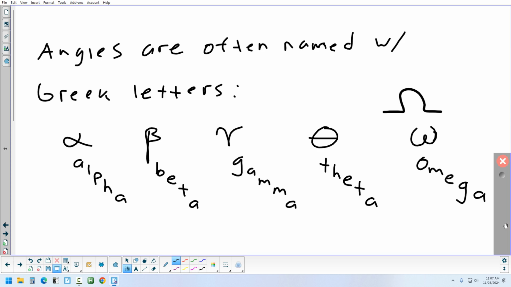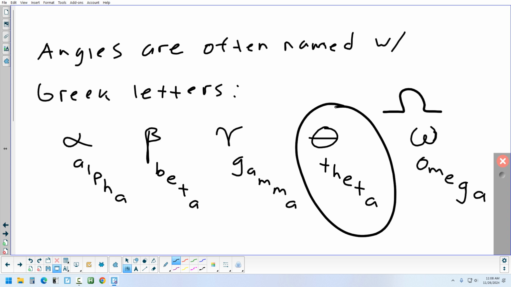I would say the most common one that you use is theta when you're just talking about a single angle that you don't know. It's kind of like using x in algebra. We use x almost all the time for a variable. We use theta a lot. If we need to represent more than one angle, let's say we're talking about a triangle and we don't know any of the angles, well, now we need 3 Greek letters.